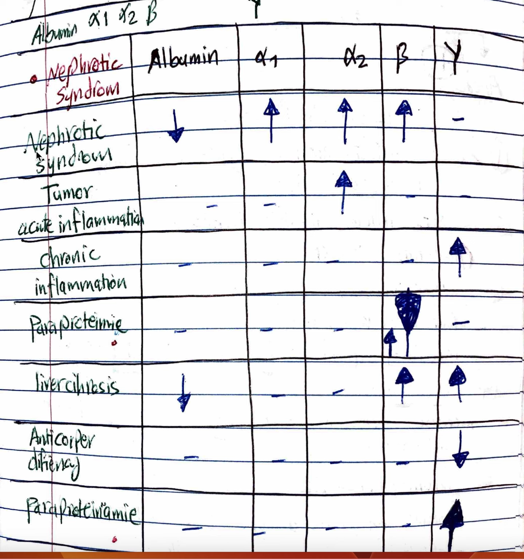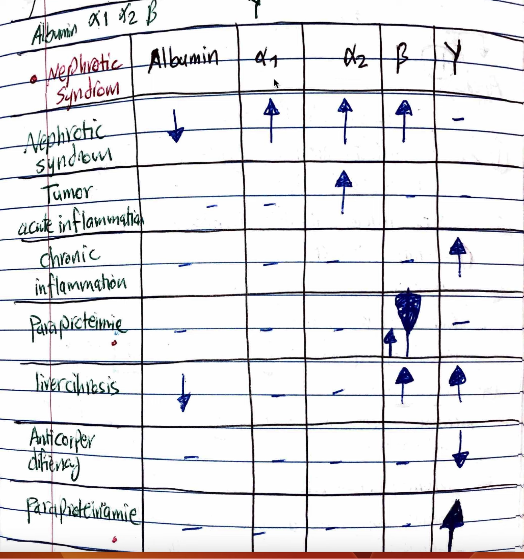tumor. Look, alpha 2 increases in nephrotic syndrome, tumor, and acute inflammation. Beta globulin, like haptoglobin, so haptoglobin, like alpha 2 globulin, decreases in intravascular hemolysis but increases in nephrotic syndrome, tumor, acute inflammation.